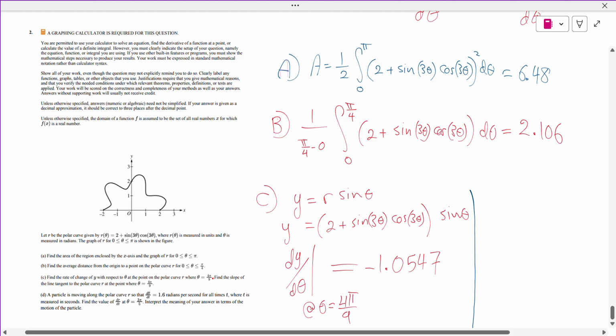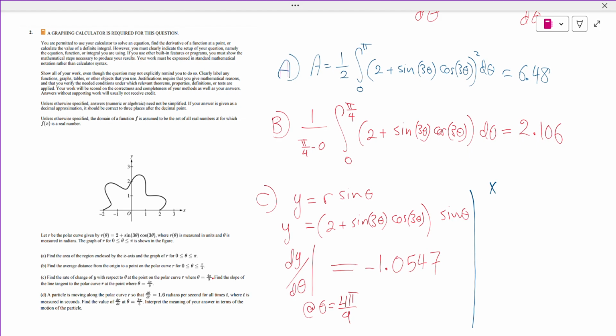So we will write here x equals r cos of theta. That means x equals 2 plus sine of 3 theta cos of 3 theta, in brackets, times cos of theta.